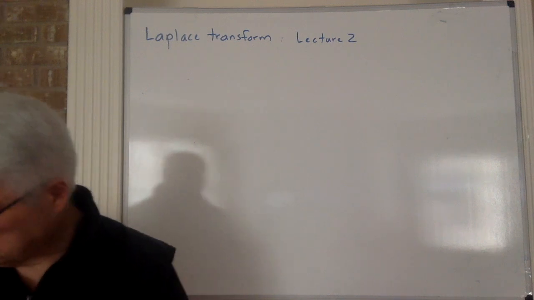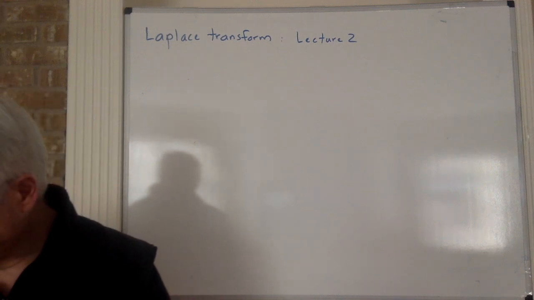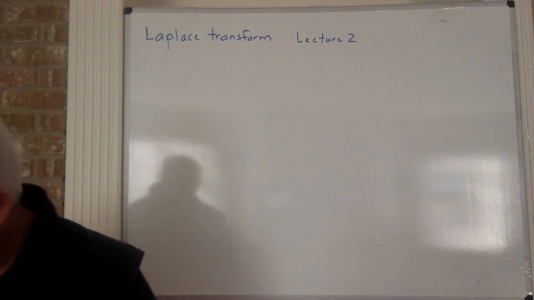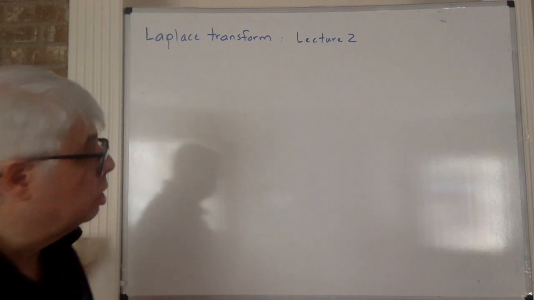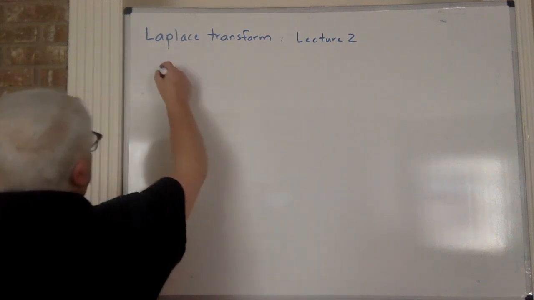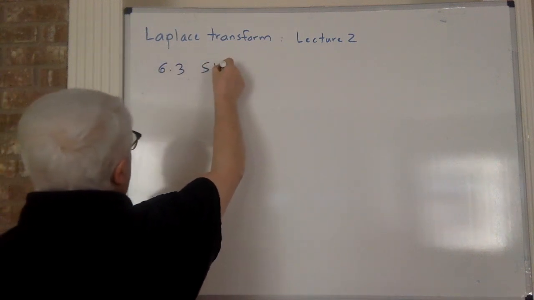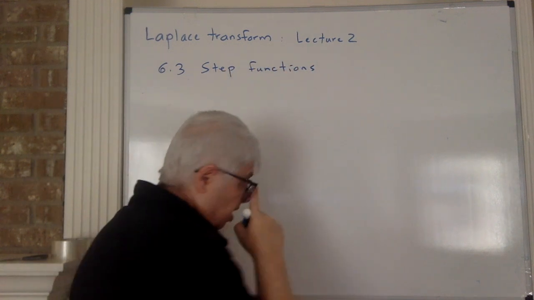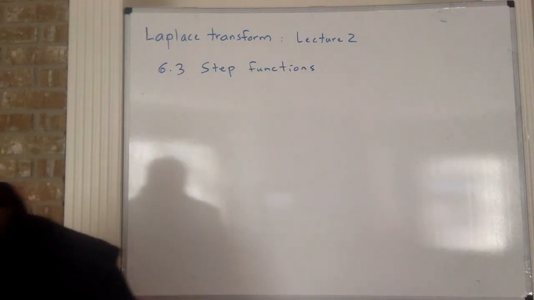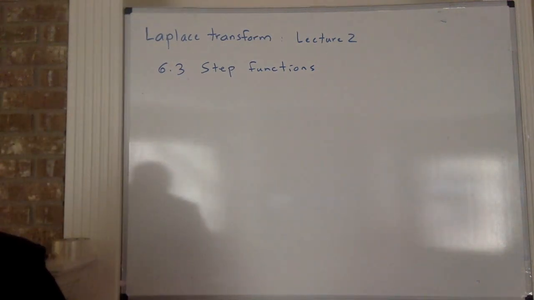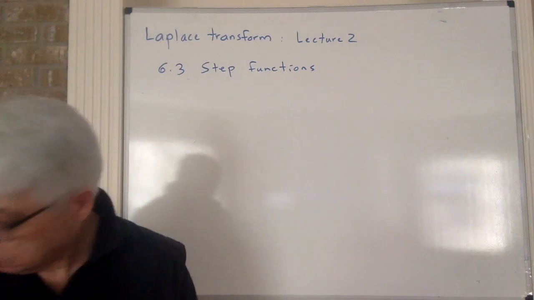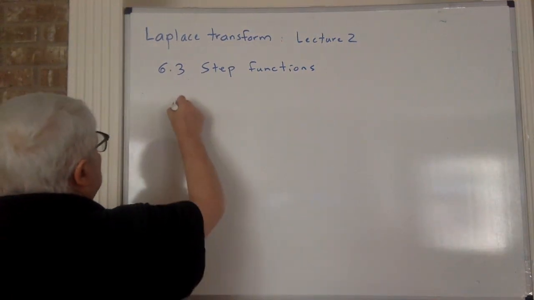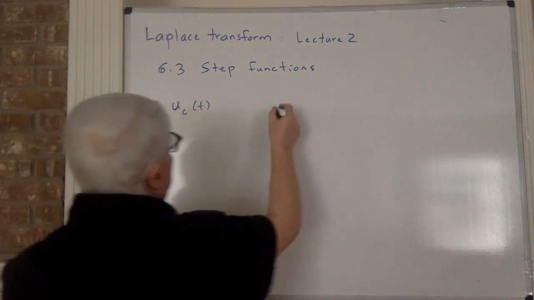Okay, let me start another function. Let me see. Which section is that? The step function. So that is like 6.3 in my book. That is step functions. The book uses a terminology called u_c(t). So the function is u_c(t), and it looks like this.